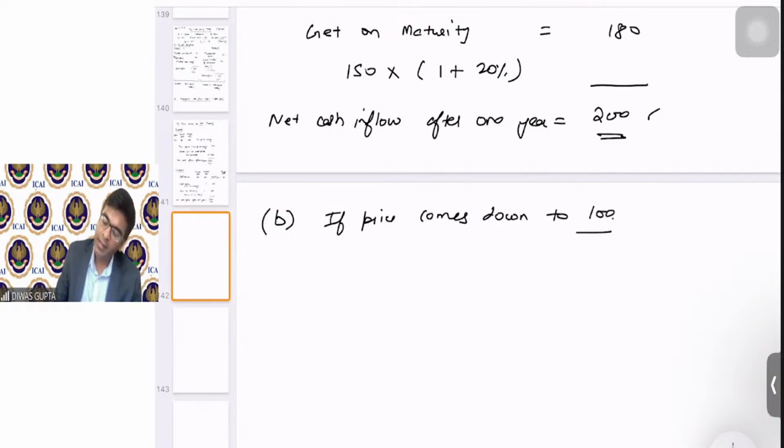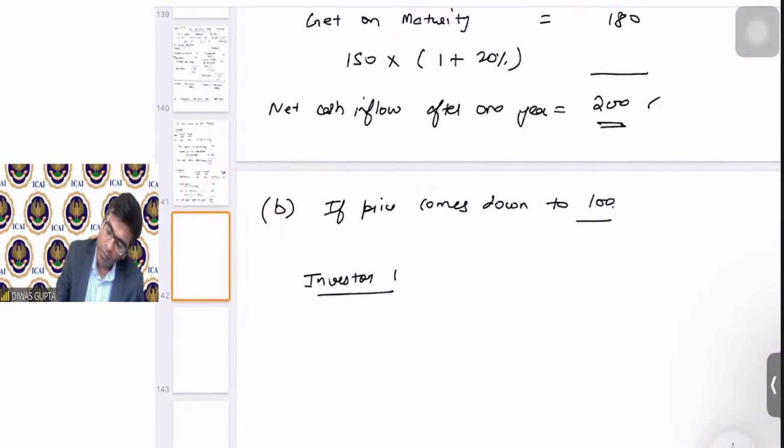Now, if price is coming down to 100, let's take investor 1 first. Investor 1, put option, strike price 180, market price 100.